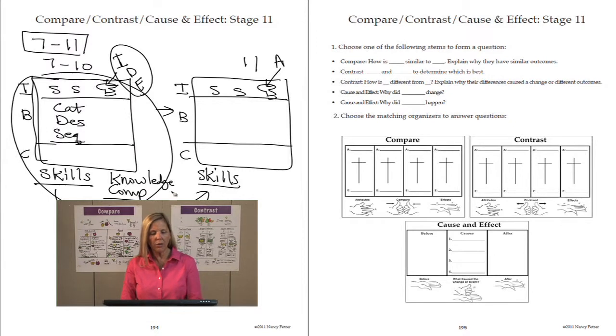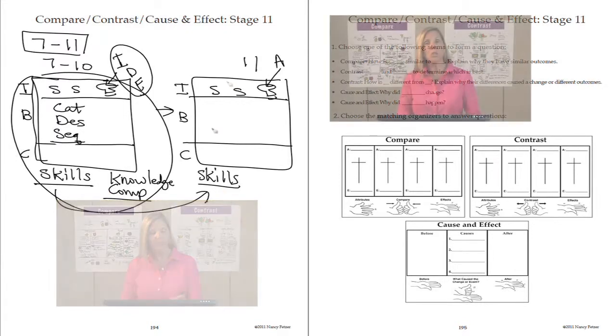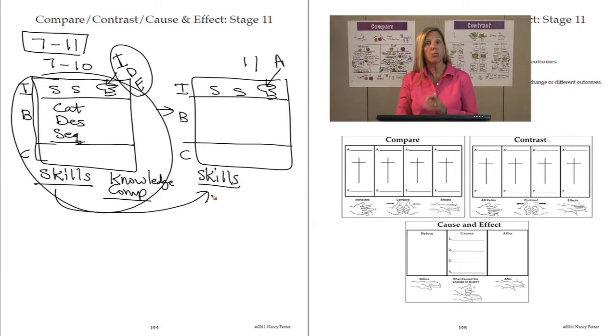So our skills that progressively built from stage 7, 8, 9, and 10 go from paragraphs to finally multiple paragraph essays, which is what we should understand at stage 11. So we're going to take those writing skills of information from 7 through 10, and we're going to put a check here to show we have that under our belt.